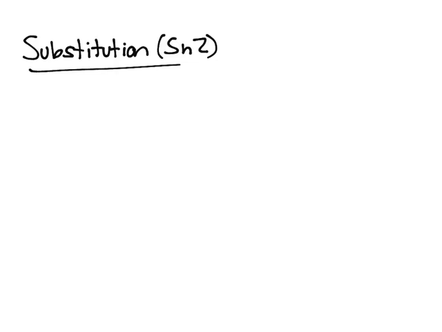So in this video, I'm going to talk about the reactions of alkyl halides, but specifically substitution and specifically Sn2. And so it's important that whenever you see Sn2, you think of this as one step.